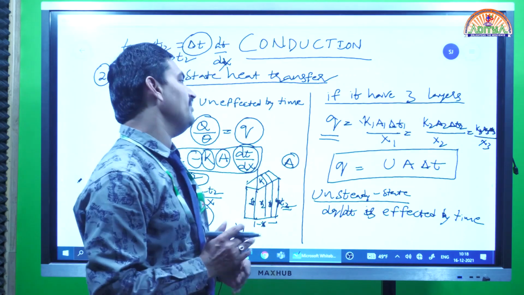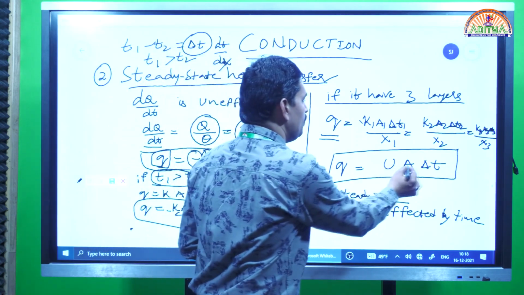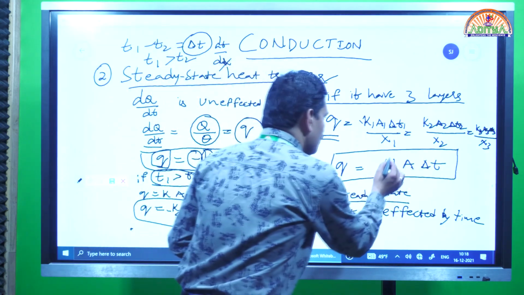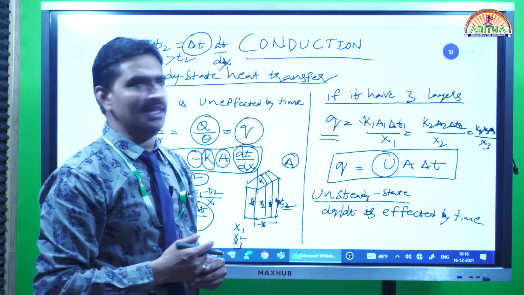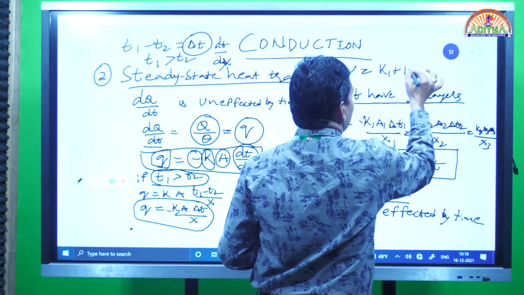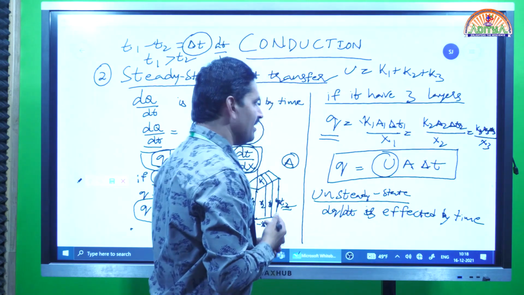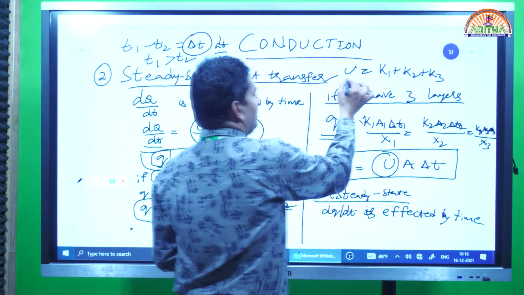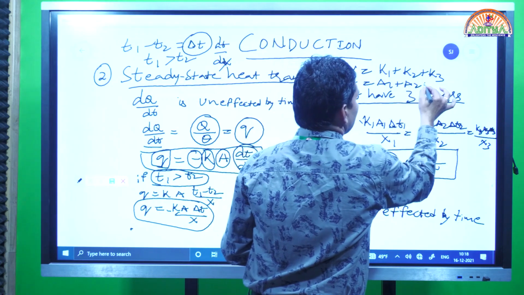If you simplify that equation, it turns to Q is equal to UA delta T, where U is nothing but the overall thermal conductivity. That means U is equal to K1 plus K2 plus K3, and A is nothing but A1 plus A2 plus A3.